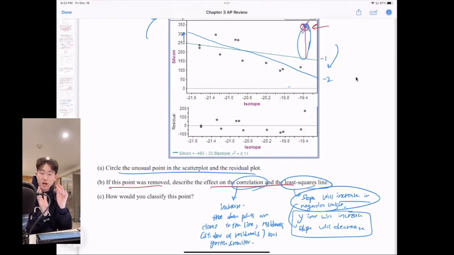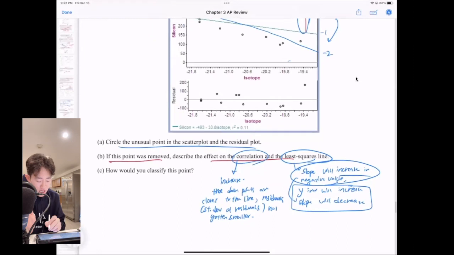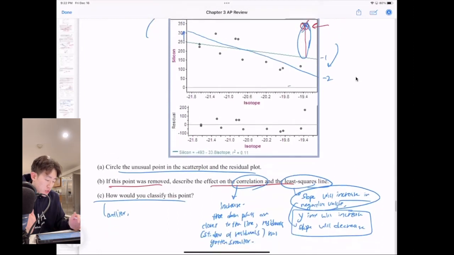So the residuals have gotten smaller, your standard deviation of the residuals has gotten smaller, so your R value has increased. So that's what you can say for part B. C, how would you classify this point? I would call this an outlier, which influences your slope and the y-intercept as well as the R value.